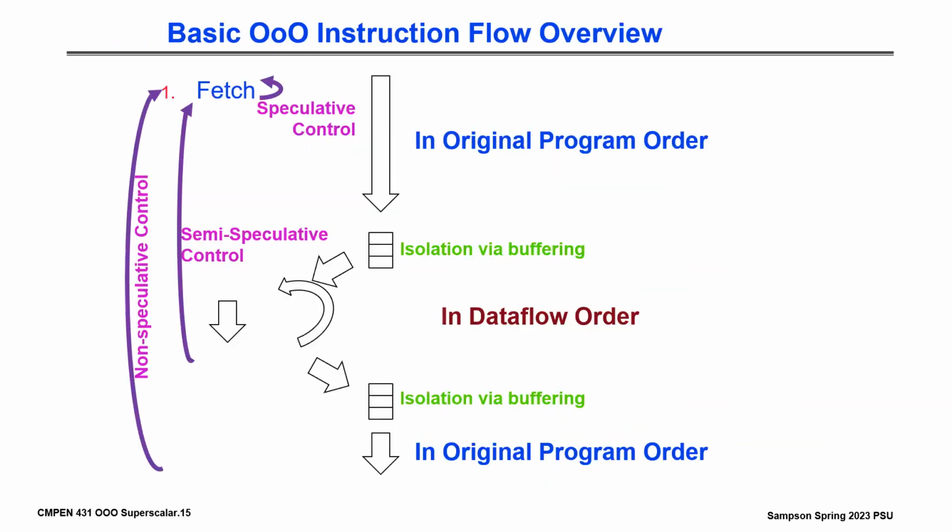Okay, all right. So again, here's another way to sort of view this sequencing, right? And we have original program order. Now again, how are we going to keep fetching instructions if all of the actual execution of which way we're supposed to go is happening in this middle here, right?